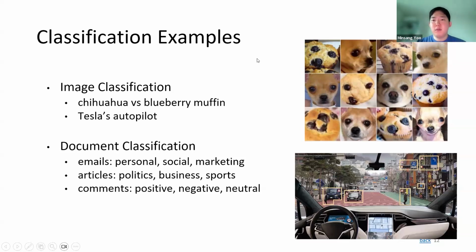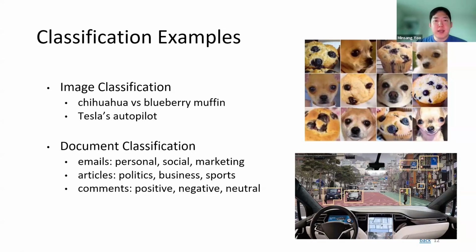So we want to create an algorithm that if we input some image, it's gonna say if it's a Chihuahua or a blueberry muffin.